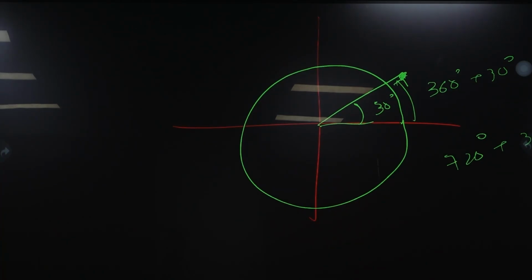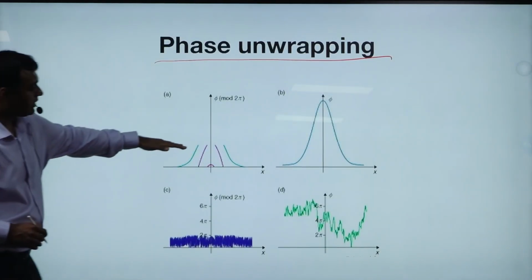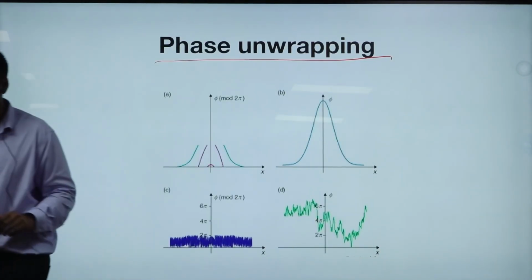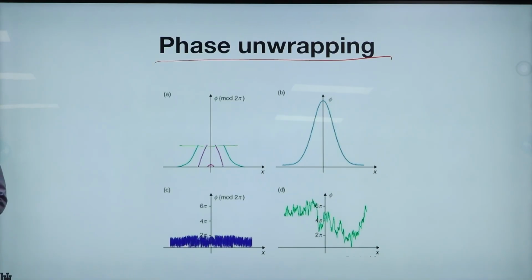So that's the problem. Let's say this is the value of 2 pi or 360 degrees. Even though the phase goes up like this, because the angle you calculate is always between 0 and 2 pi, this phase will come back here. It looks like this purple here and then here.